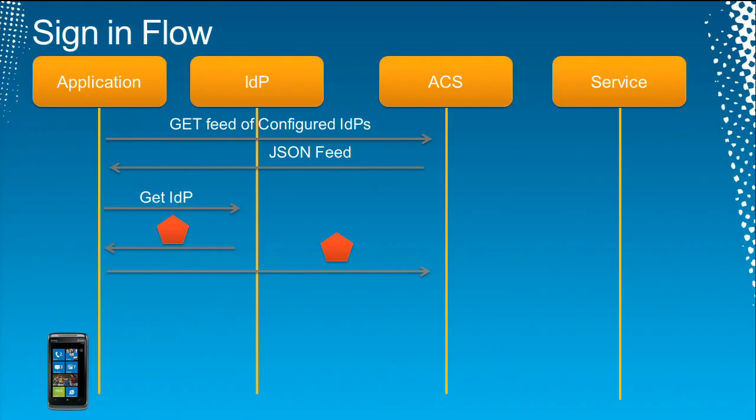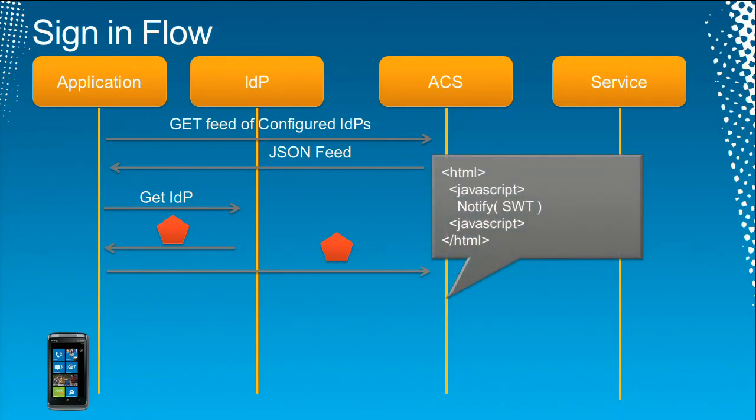Now, normally in one of these flows, you would then have it posted back to the service, but what ACS will do is host it inside a page at ACS that calls in JavaScript the notify function. And the notify function can be attached to inside Silverlight, inside the phone Silverlight application, so that there's an event handler. That way, your application just sits there and waits, and as soon as there's a security token available, it gets popped up into the app, and then it switches over fully into app logic.